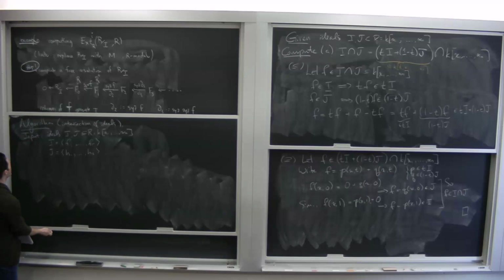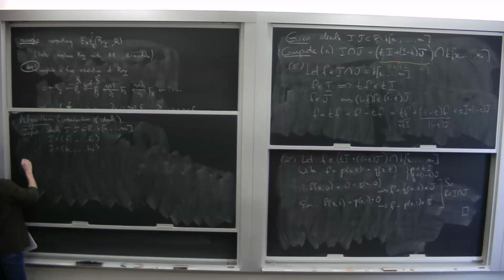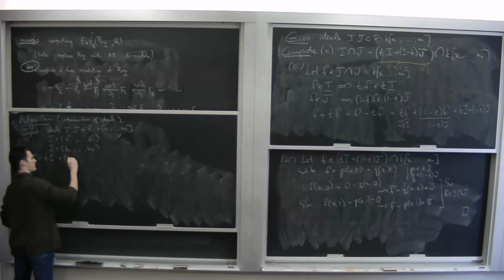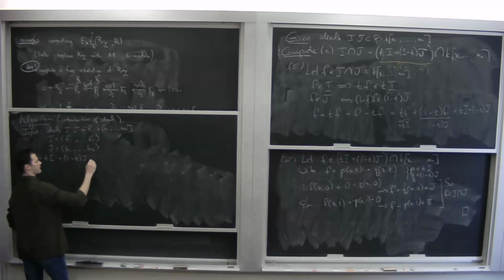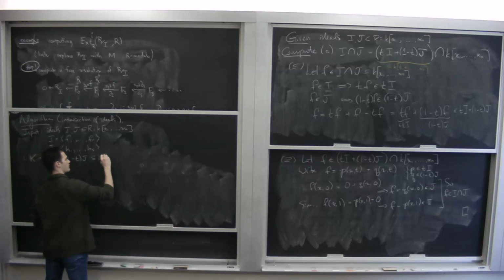Okay, so what I want to do is I'll let big K be the ideal tI plus (1 minus t)J in the ring where I've now adjoined a new variable t.